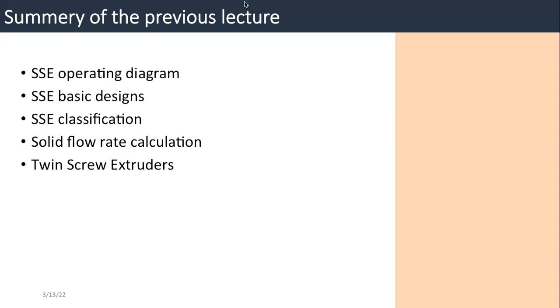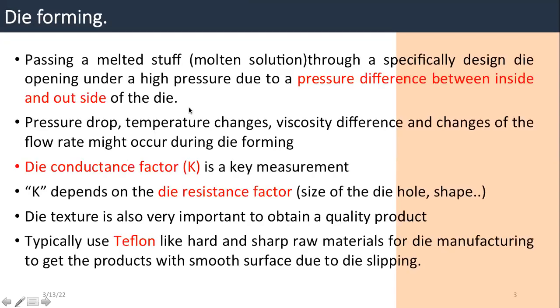And the retention time also is different and shear also different, and especially the force and the techniques used in those two extruders are totally different, right? So I hope that you all have very good knowledge.